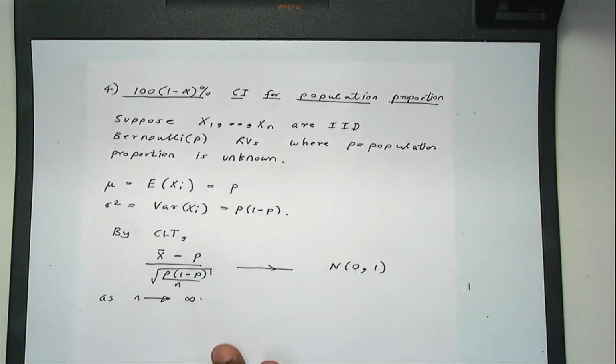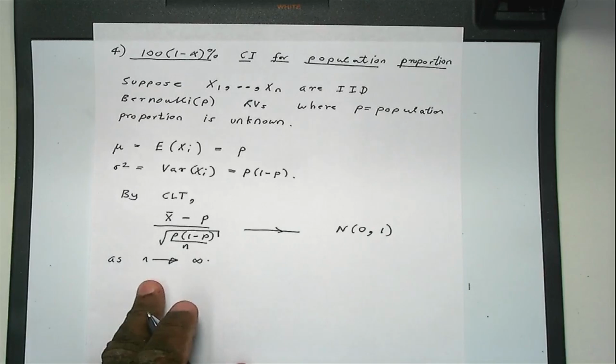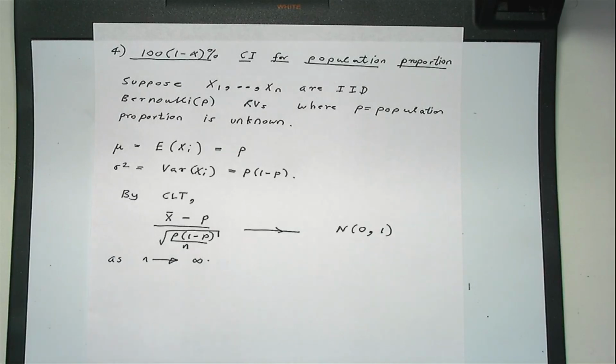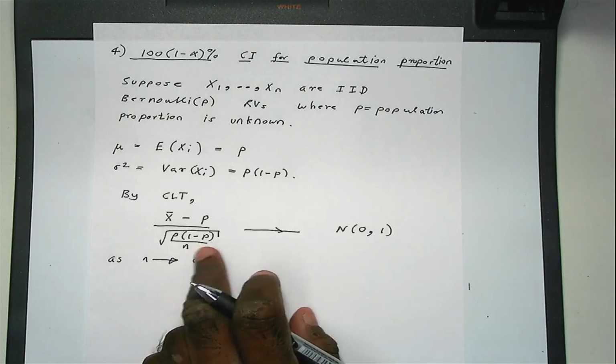But the sample size n can never be equal to infinity, so you choose n large enough. In statistics, we usually assume that anything greater than 25 is large enough, so that you can approximate this by this.